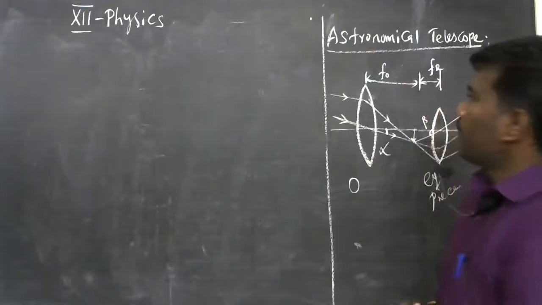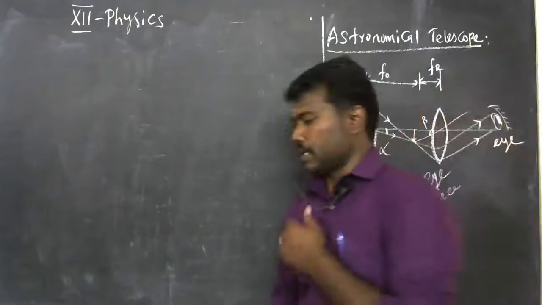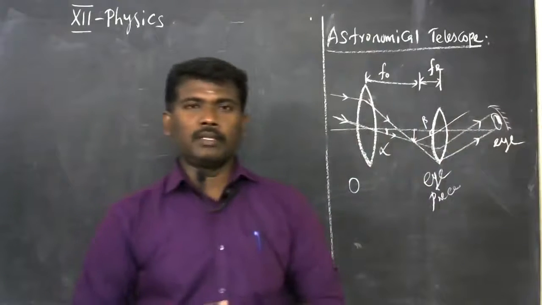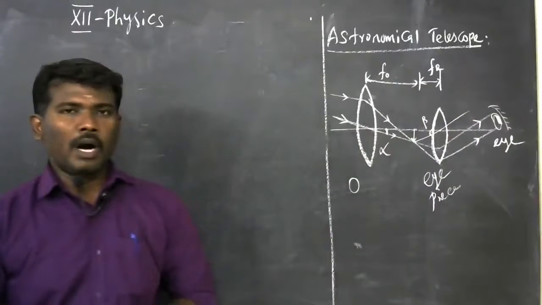And we know the formula for magnification. Magnification is the ratio between the angle subtended by the image and the angle subtended by the object.